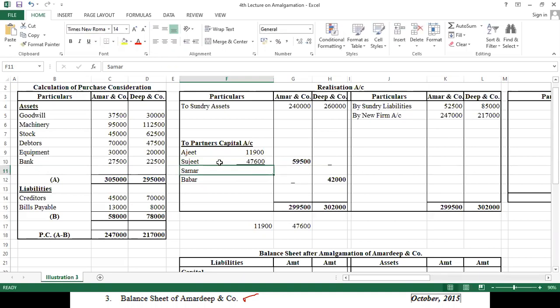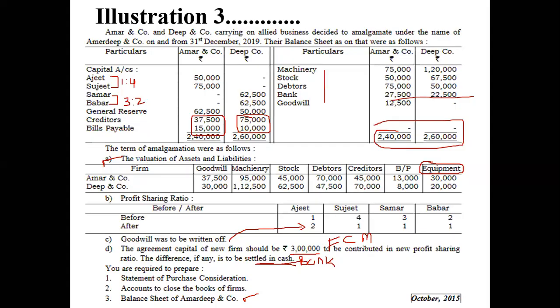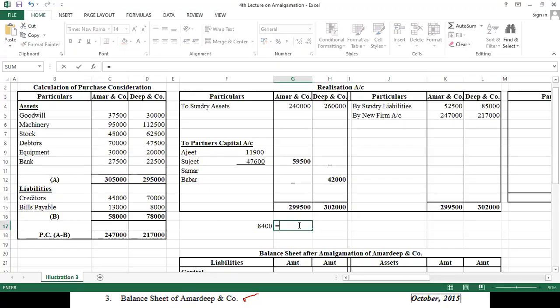Let's see, total comes to 59,500. Now for Samar and Babar again, let's see, 42,000 divided by 5. Why am I dividing by 5? Because their profit sharing ratio is also 3:2. So total unit comes to 5. Okay. So here I will multiply this particular amount by 3 for Samar, and the same amount multiplied by 2 for Babar.